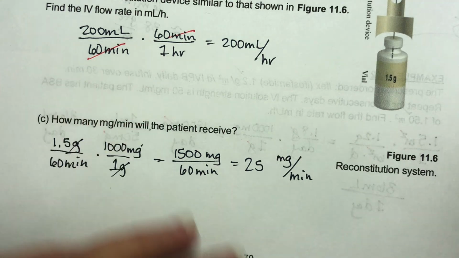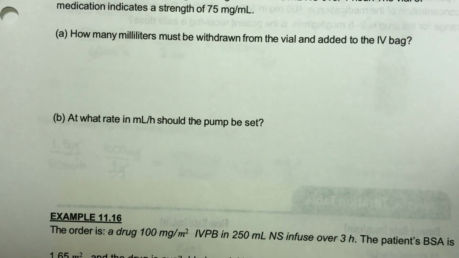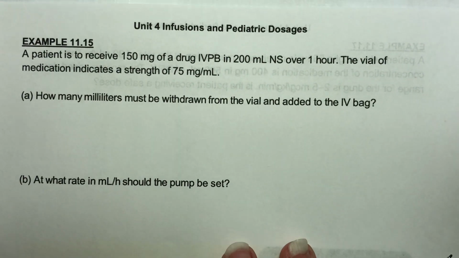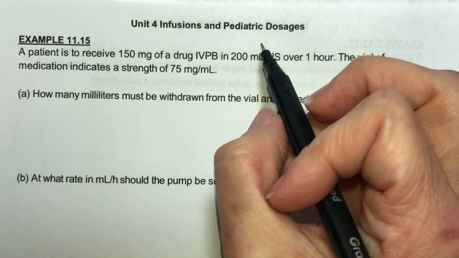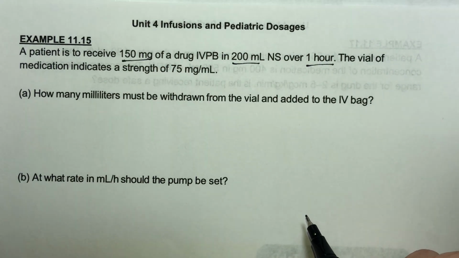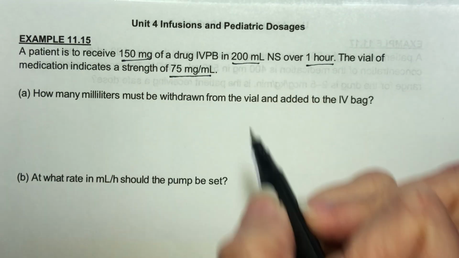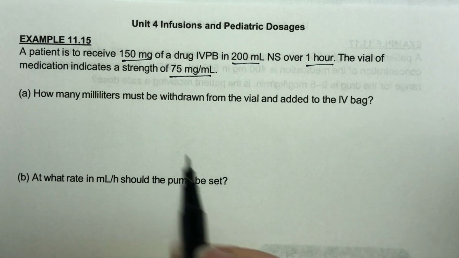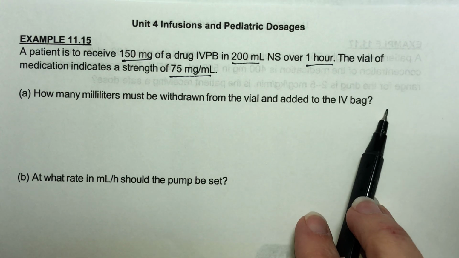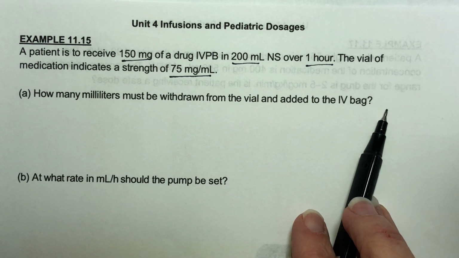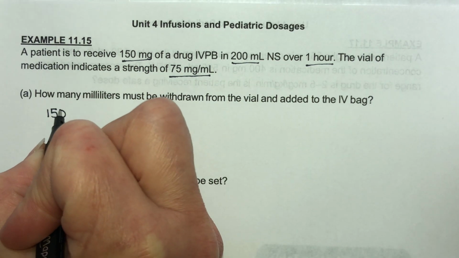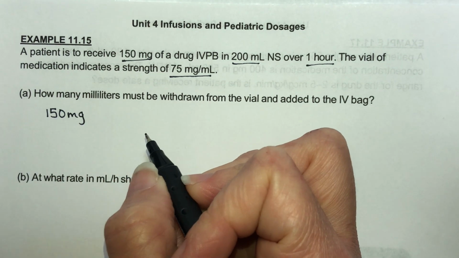Okay, so let's look at number 15. A patient is to receive 150 milligrams of a drug in 200 milliliters over 1 hour. The vial of medication indicates a strength of 75 milligrams per milliliter. How many milliliters must be withdrawn from the vial and added to the IV bag? Okay, so the patient is supposed to receive 150 milligrams of the drug.